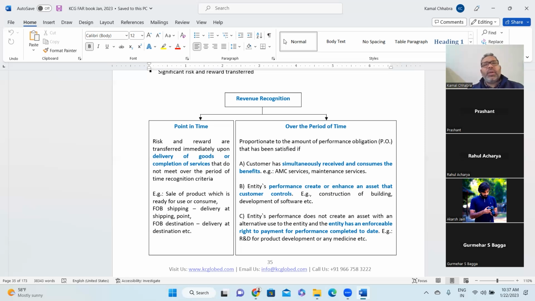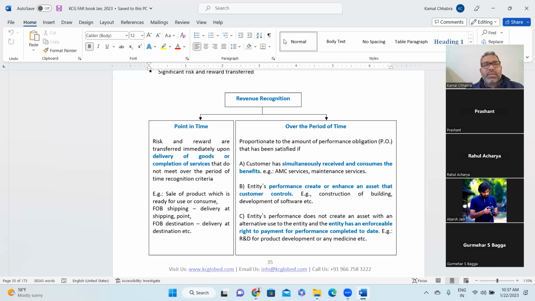Let's assume they are doing biotechnology research. Now Prashant and Kamal have formed a company and they hired Rahul, Lakshya, and Gurmeher to do research and development specifically for their company, for their project. In that scenario, there is no alternate use.